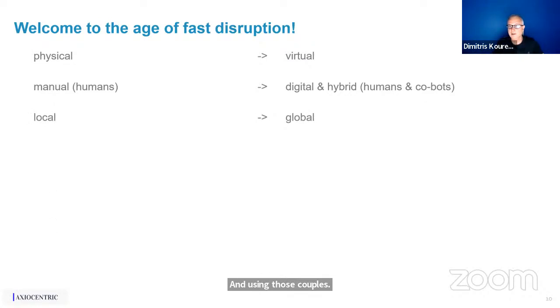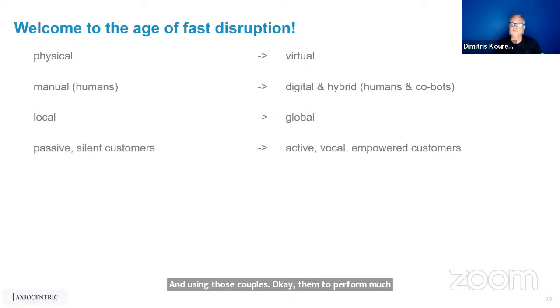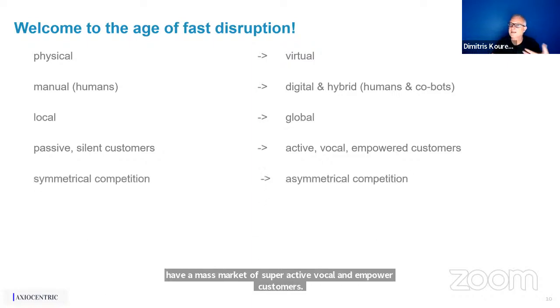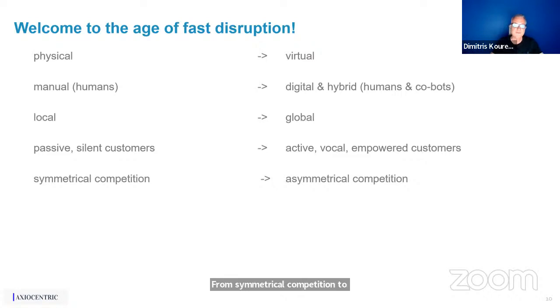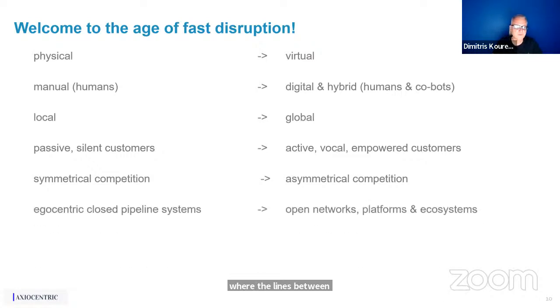It moves from local to global. It moves from having a mass market of passive and silent customers to a mass market of super active, vocal, and empowered customers, from symmetrical competition to asymmetrical competition, where the lines between industries start blurring more and more.